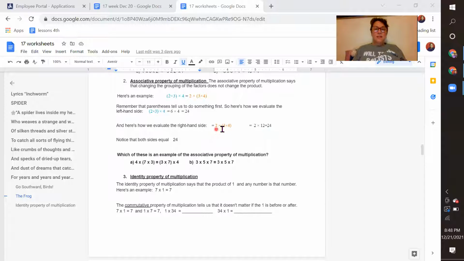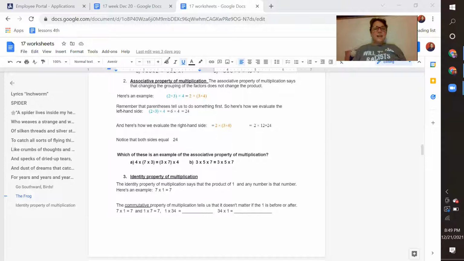So we do the parentheses first. This is the first step of PEMDAS. When we have parentheses, we always do that first. I'll teach you more about that later. So 3 times 4 is 12. And 2 times 12 is 24. Again, both sides are 24.